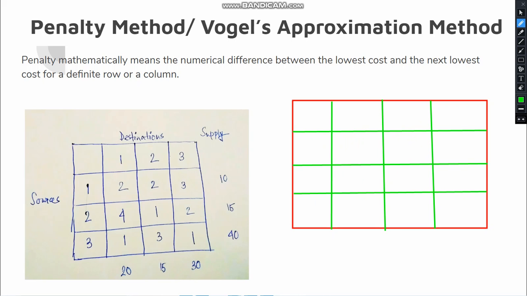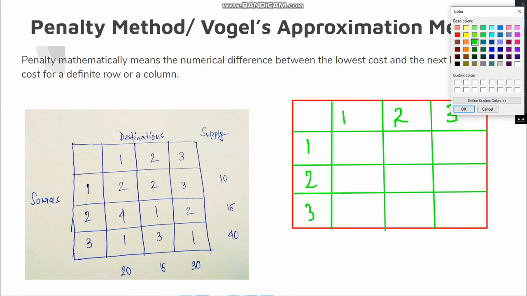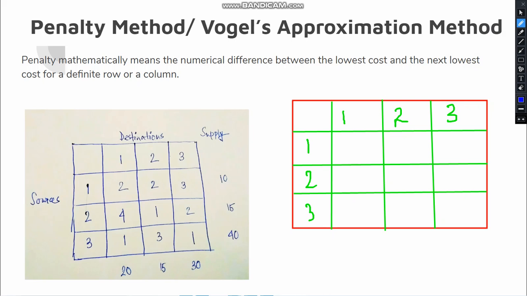So it is 1, it is 2, and it is 3. 1, 2, 3. So let us use this color here. 2, 2, sorry, 2, 3, 4, 1, 2, 1, 3, 1.